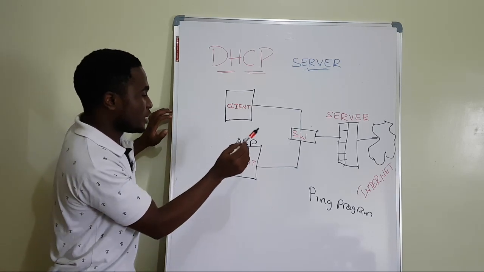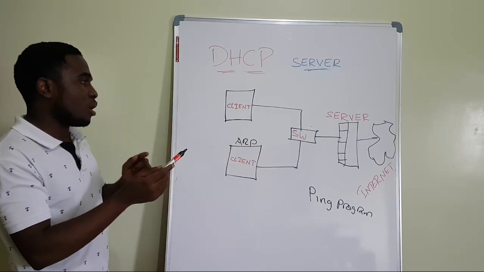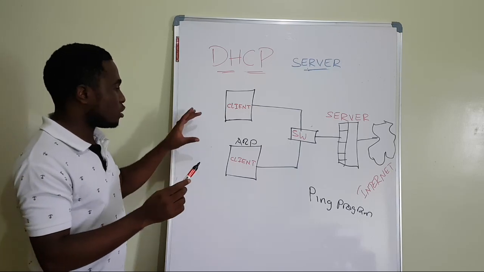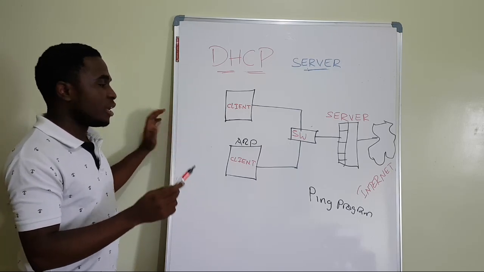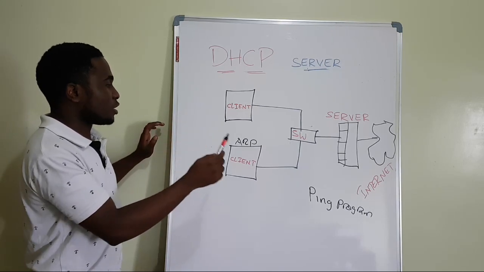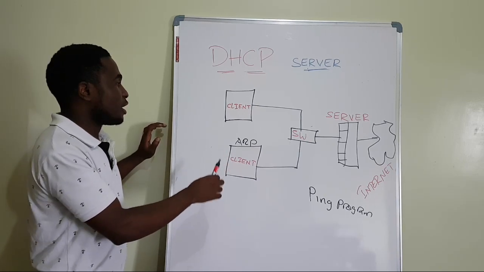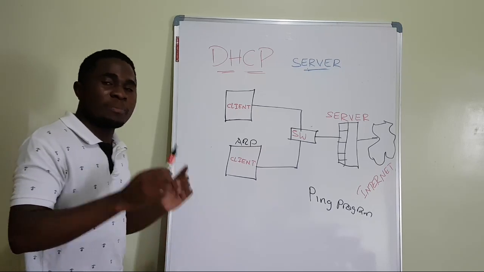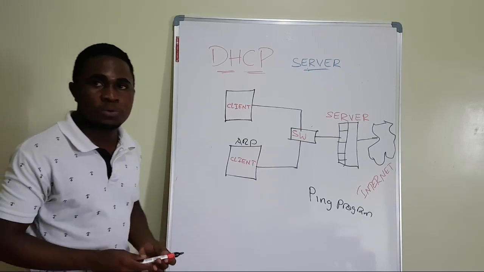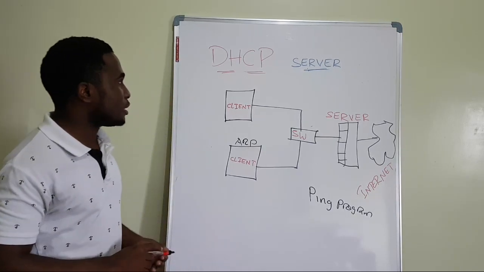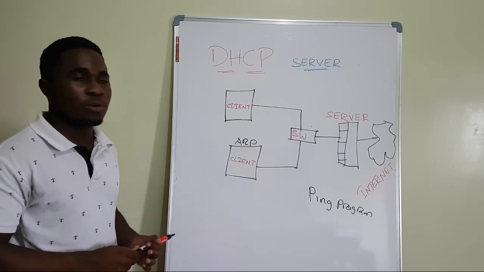As soon as they go to the network, there will be a collision of information from the two clients. Hence, the DHCP server will detect that there is a problem with the IP addresses, and the client has to remove the IP address from its port. So that's how the DHCP server solves the conflict.